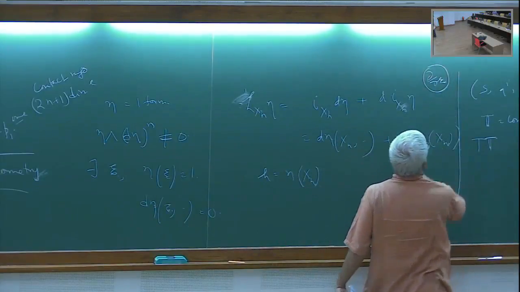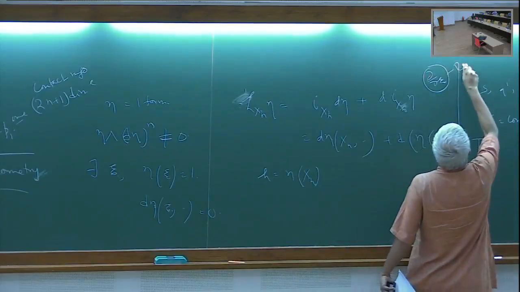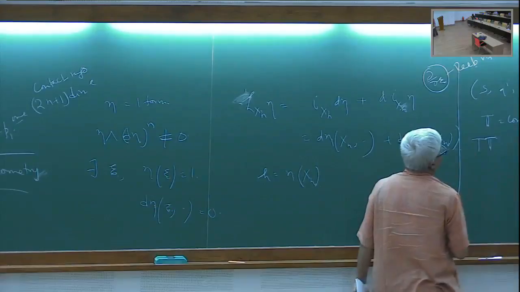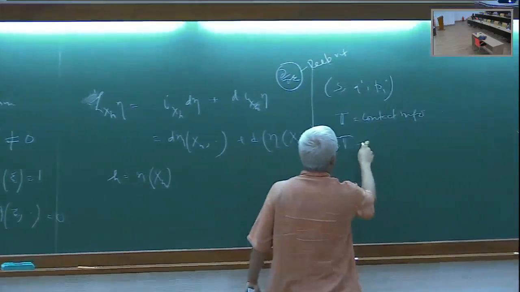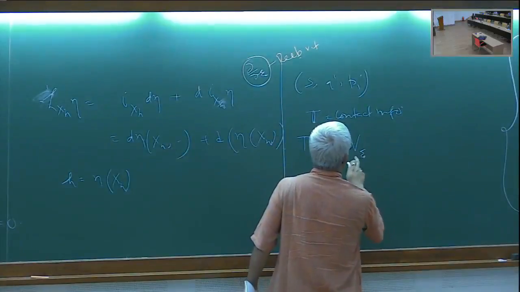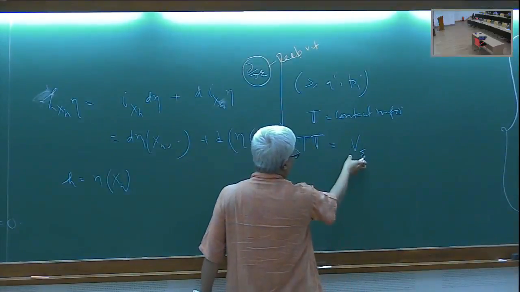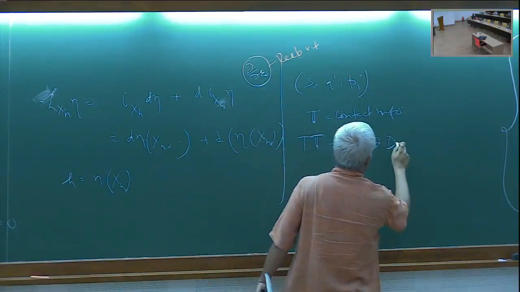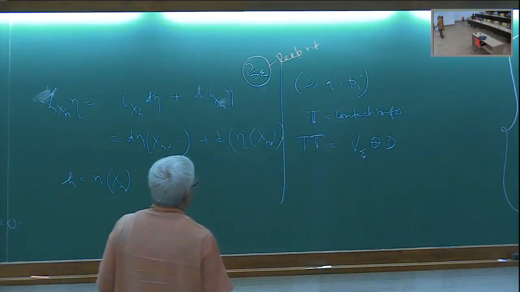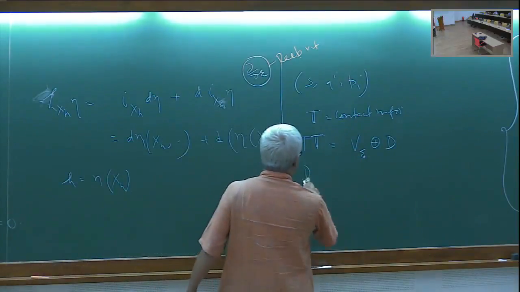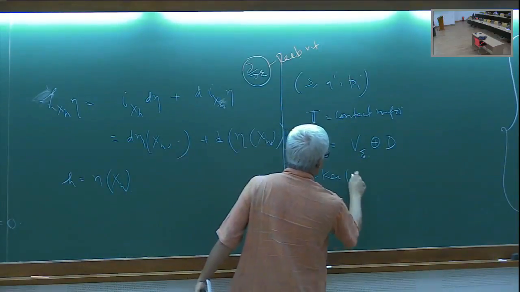This vector field is the Reeb vector field, and using this vector field I can decompose into the vertical one, which is del del S, and the horizontal distribution. How is D defined? D is basically the kernel of eta.